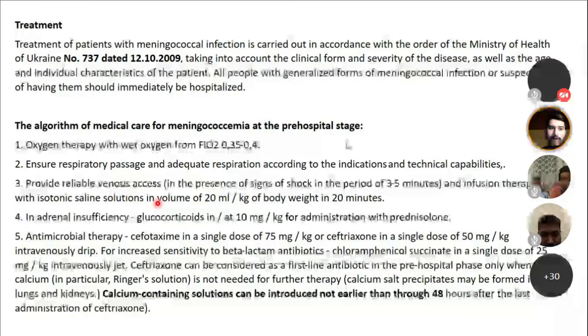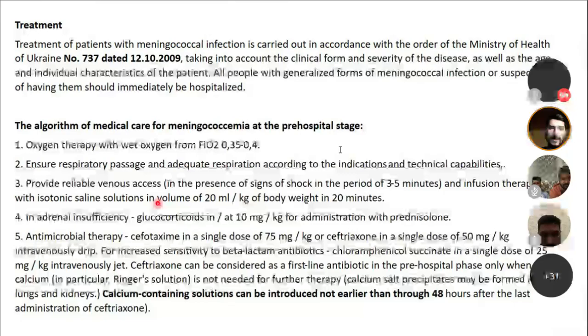Now, adrenal insufficiency, something that we missed: the Waterhouse-Friderichsen syndrome. That is the necrosis and hemorrhage, infarction, bleeding into the suprarenal or adrenal glands.